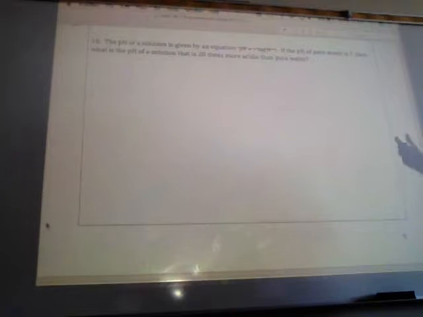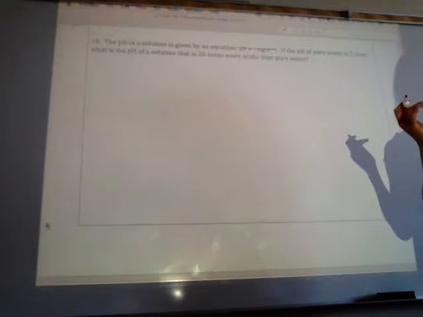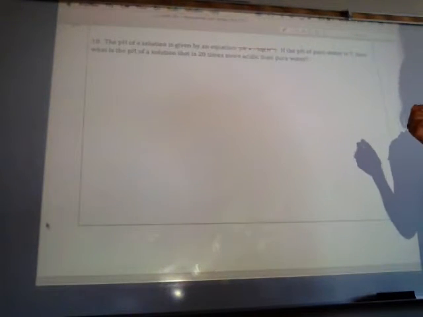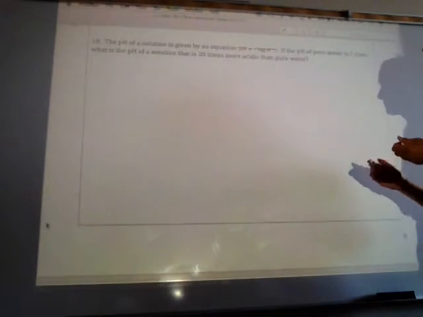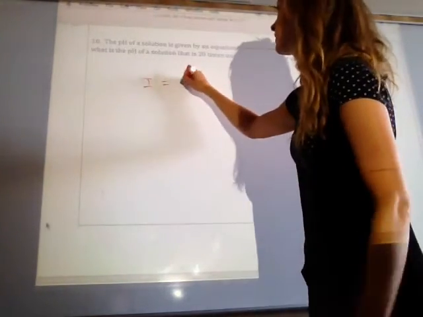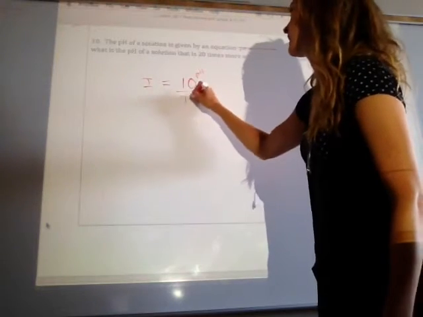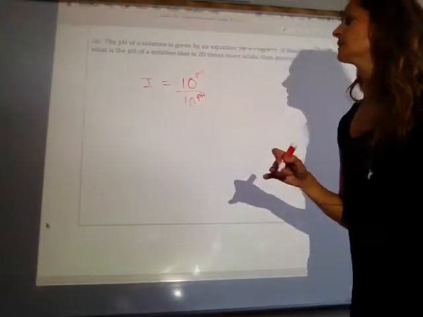But if we want to solve for the pH of a solution that is 20 times more acidic than pure water, basically the way pH or earthquakes or sound waves are measured, they differ by multiples of 10. Okay, so the way we're going to set this up is basically the intensity would equal 10 of one pH divided by 10 of the other pH.